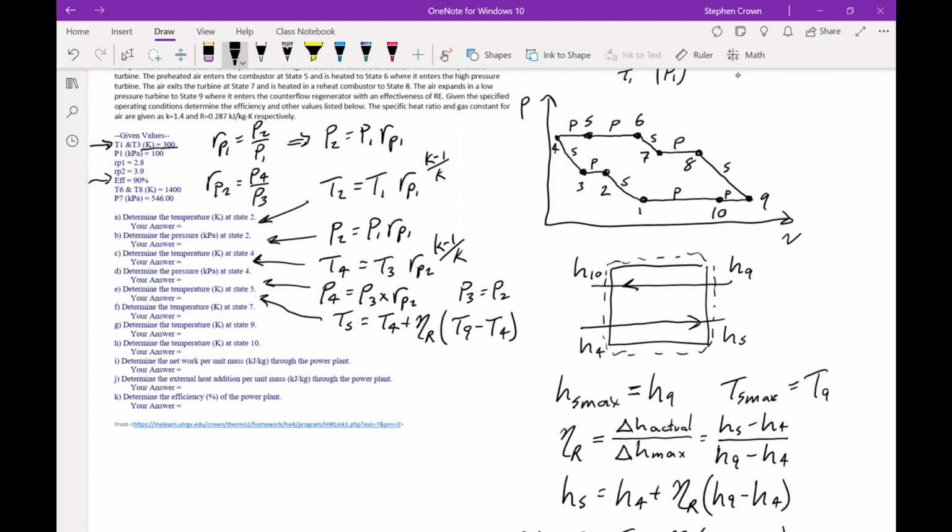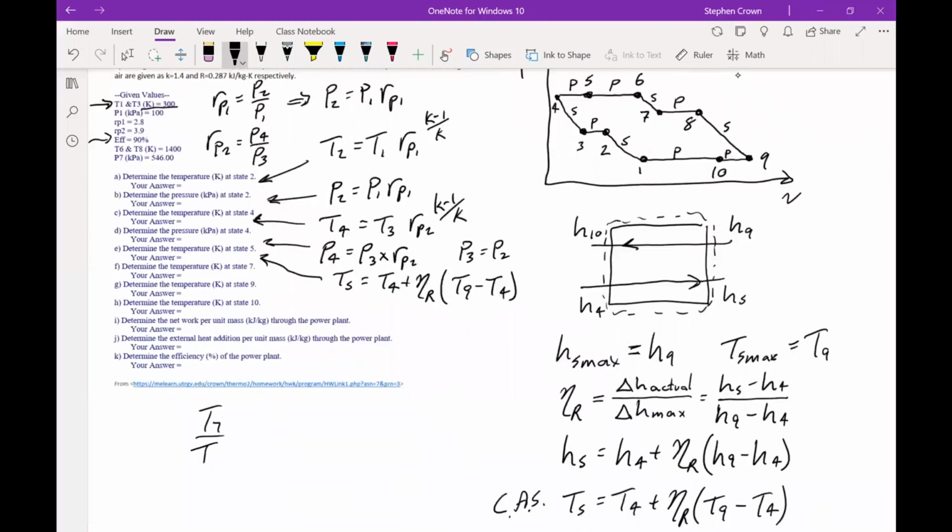Okay, then the temperature at state 7. We're told the temperature at state 6, so we can find out based on an isentropic relationship what the temperature at state 7 is. So we can write that as T7 over T6 equals P7 over P6 to the K minus 1 over K. And the reason we can do that is that's an isentropic process from 6 to 7.